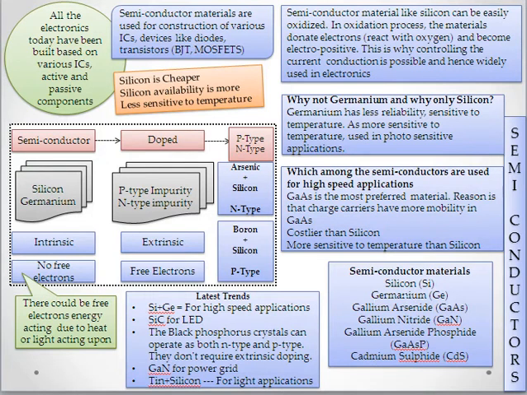When you see, silicon and germanium are the elemental semiconductor materials, whereas gallium arsenide, gallium nitride, etc. are compound materials. So you see a wide variety of semiconductor materials that are used.